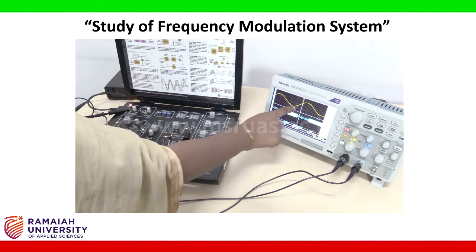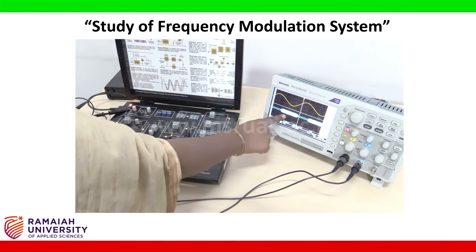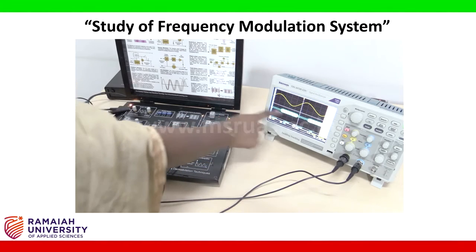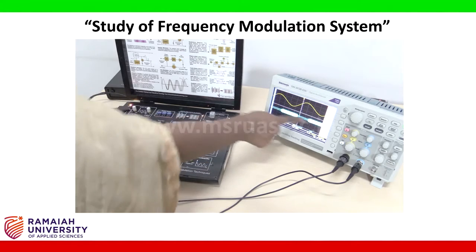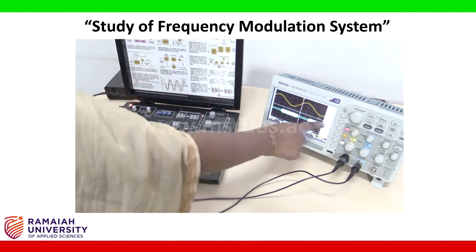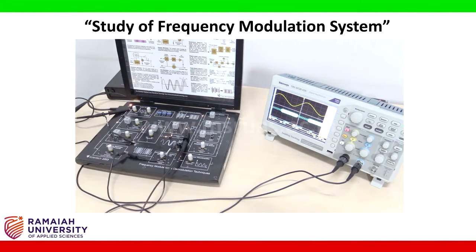As message amplitude decreases, the frequency is different. So this change in frequency is reflected in the FM wave. This is the FM wave. So message variations are encoded in the form of change in frequency of the carrier. So this is the FM wave that is generated by the reactance modulator.